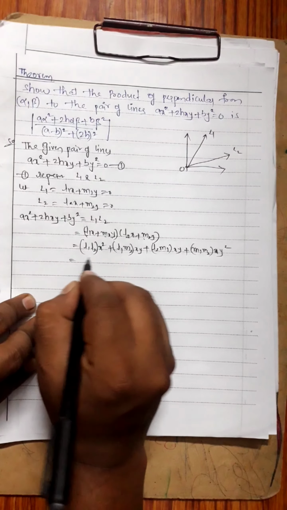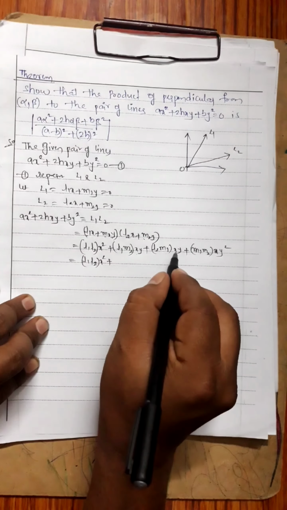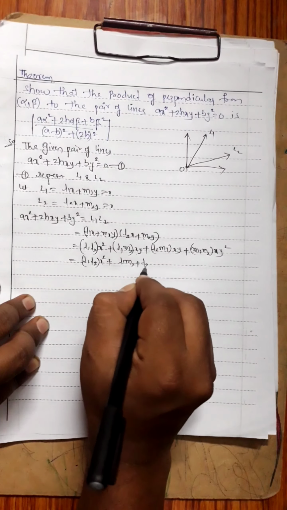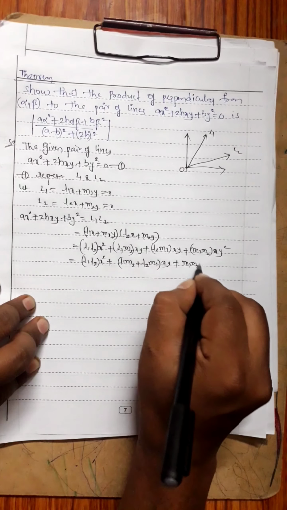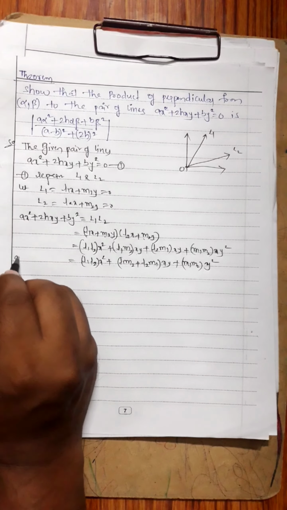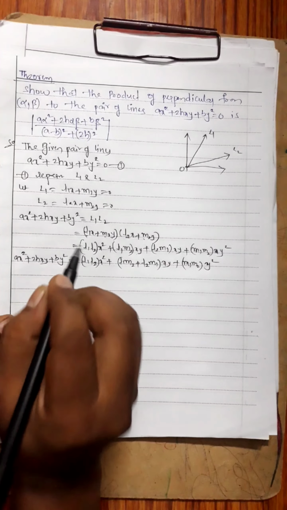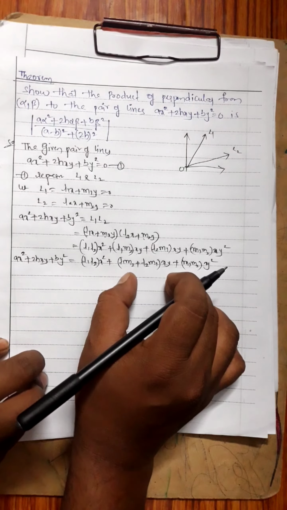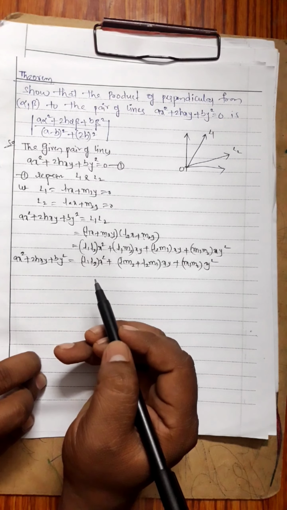Now L1 L2 x square, and these two terms have xy common, so take it outside: plus (L1 M2 plus L2 M1) xy plus M1 M2 y square. This is equal to the given equation ax square plus 2hxy plus by square. They represent the same lines, so we compare both sides to get the a, b and 2h values.